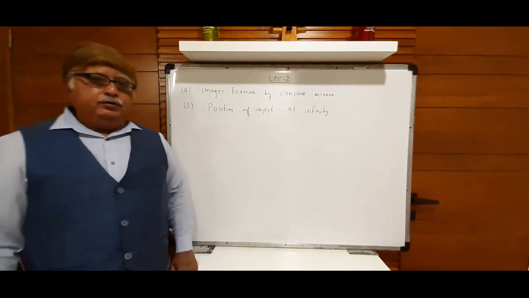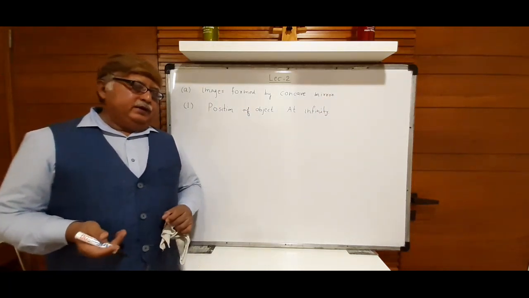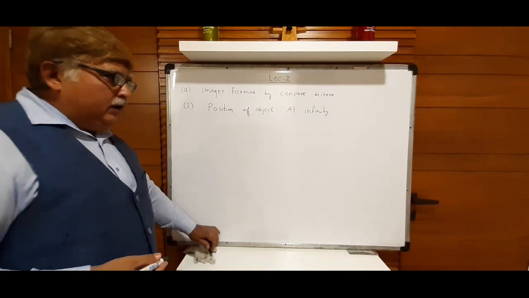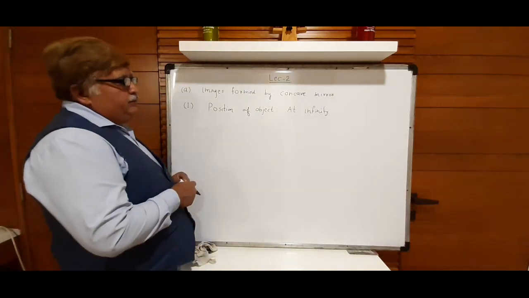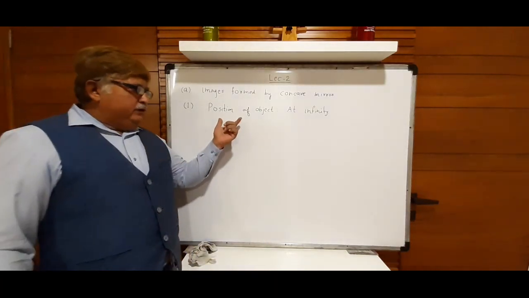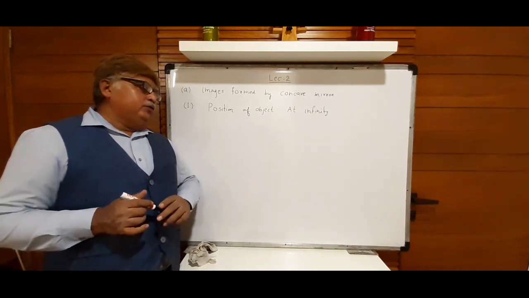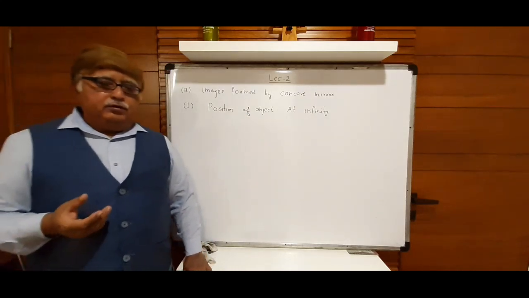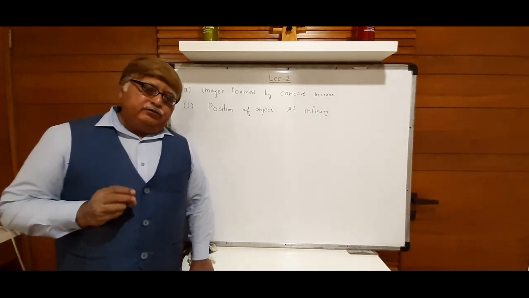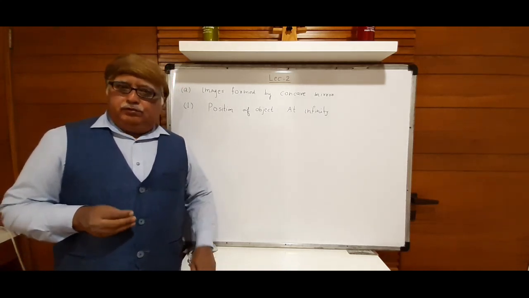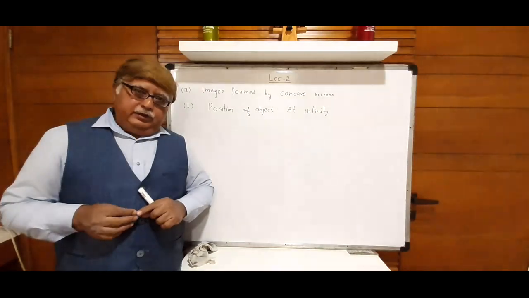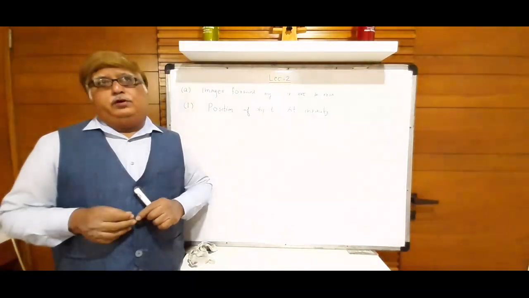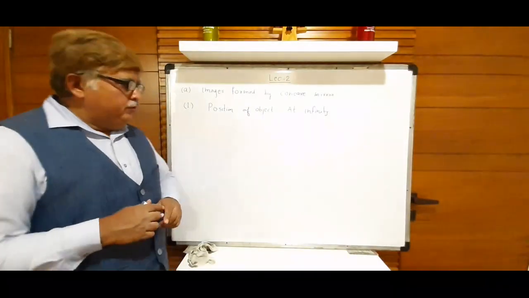Object is going to be placed at infinite distance. How to draw the diagram? You will be in exam only given position of object. You have to draw the position of image, as well as you have to also guess nature and size of the image. Both the things you have to do.